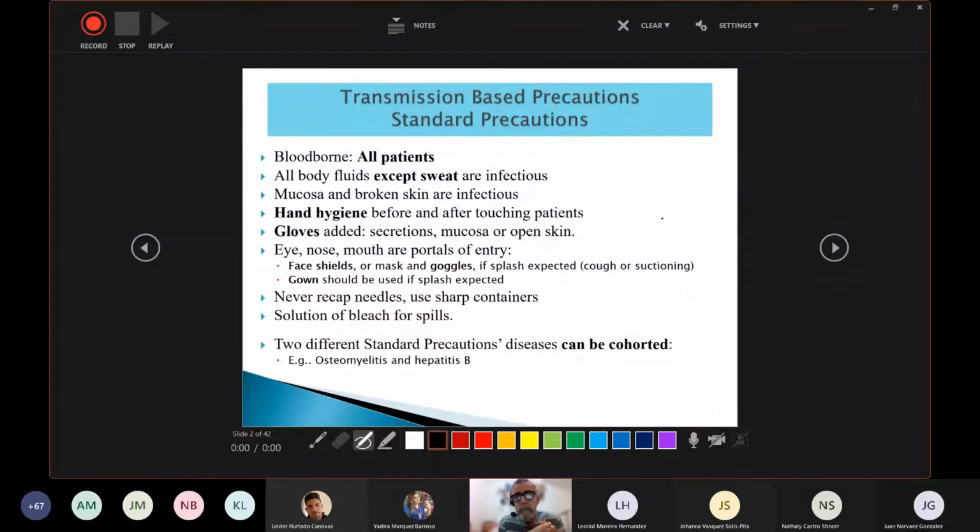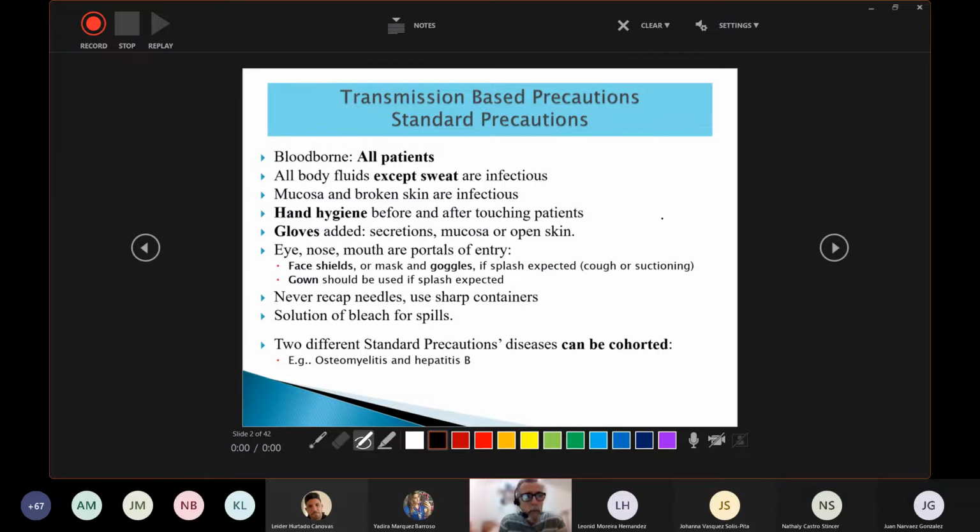So hand washing, but in some situations you add gloves. You don't add gloves if you are touching intact skin. If you're touching intact skin, like for example, when you auscultate a client, when you check blood pressure or when you take the radial pulse, you don't wear gloves.